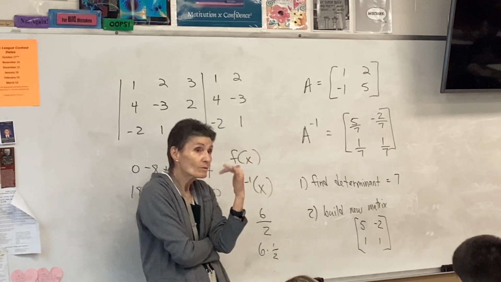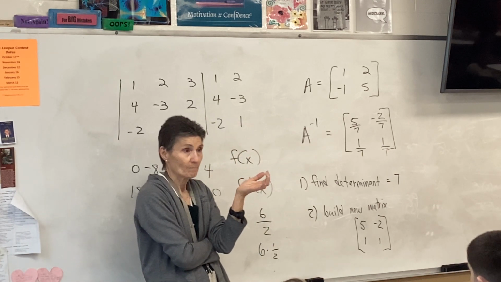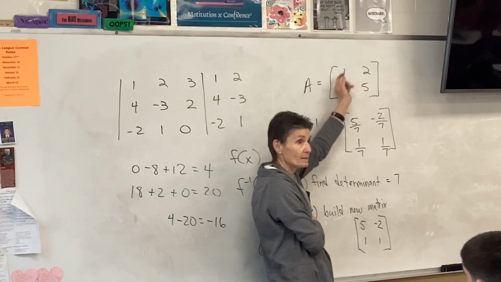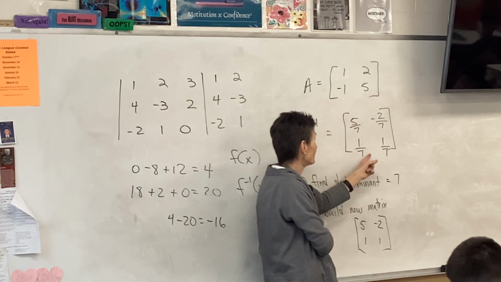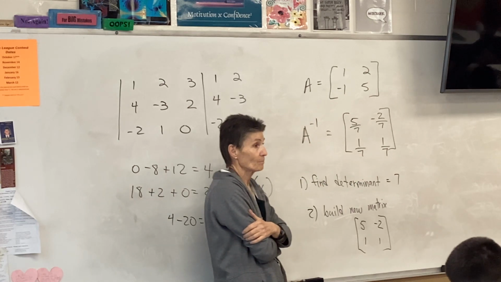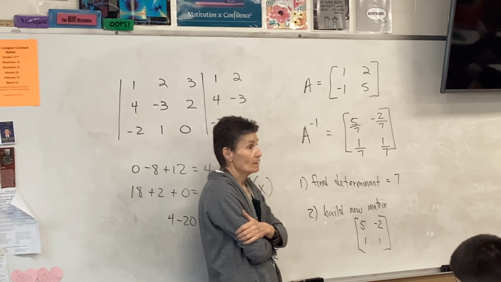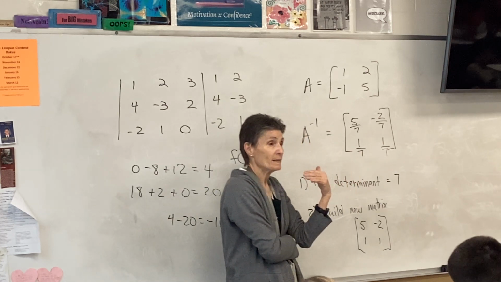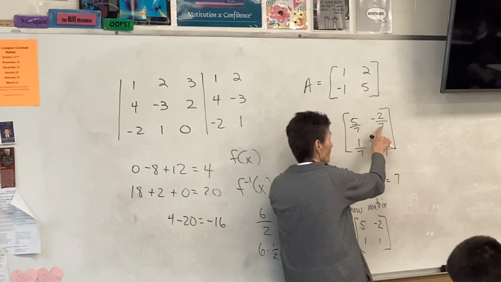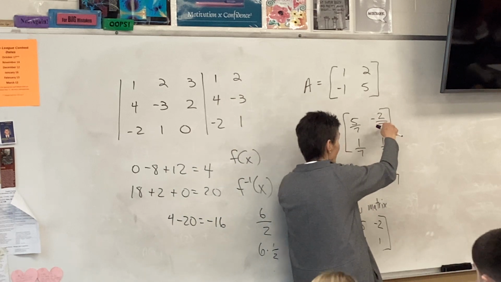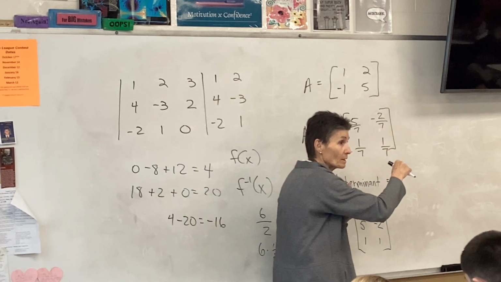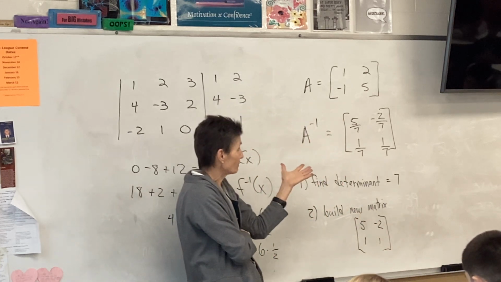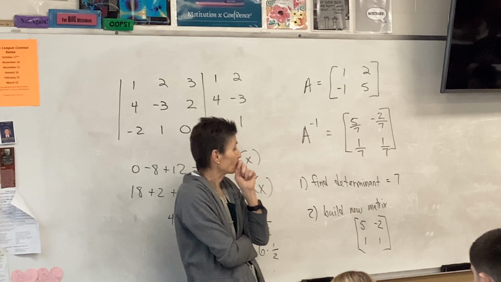So whatever the determinant is, once you build your new matrix by flip-flopping and changing signs, you divide it all by the determinant. Now, in our problem, we couldn't reduce, but if, let's say, we divided by 6, then that fraction would reduce, and you are expected to reduce it. But we're done, nothing changes in that one.